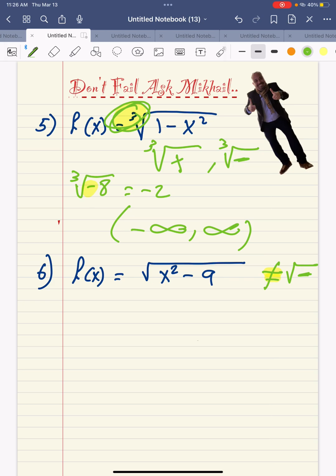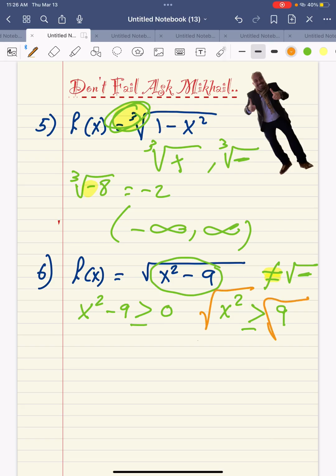So, I'm going to make this greater than or equal to 0. x squared minus 9 greater than or equal to 0. That means x squared is greater than or equal to positive 9. Now remember, when you take the square root, you have to put it as an absolute value.